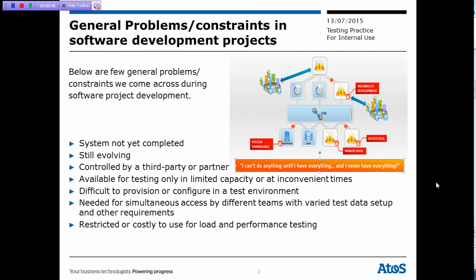And the interfaces may be controlled by a third party, where they are going to charge us a huge amount. So these are all generic constraints if you want to test from one end of the system to the other end. And service virtualization is a solution to overcome all these problems.